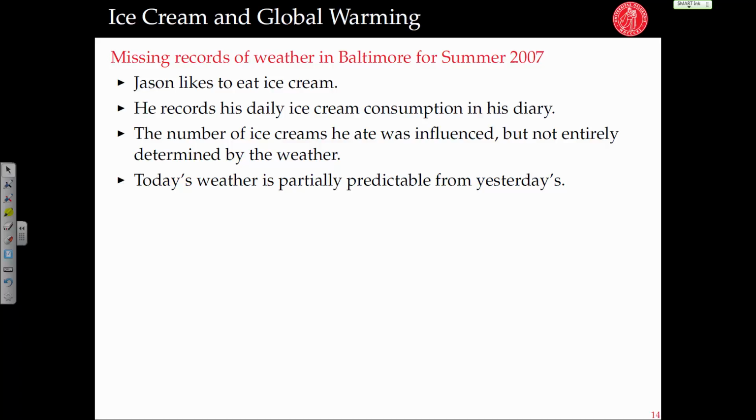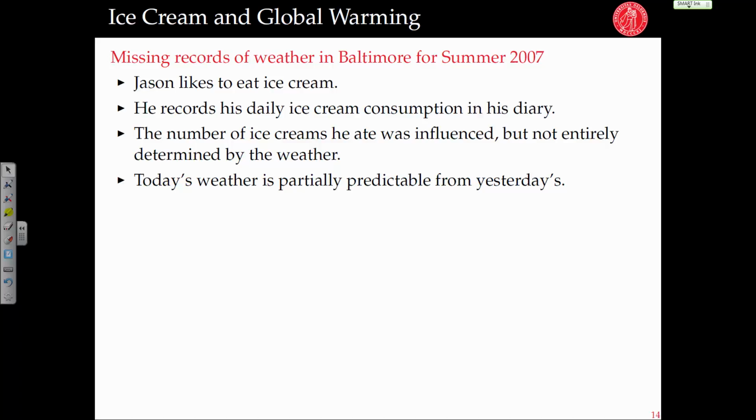And also we know that the weather does not change randomly. So it's not cold, hot, cold, hot, cold, hot. You can actually predict the weather of tomorrow based on today, or today based on yesterday, etc.